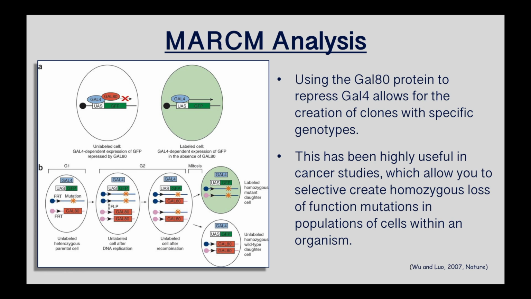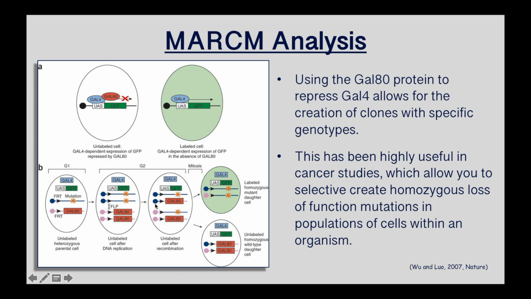Through normal mitotic division, we can force recombination within these two chromosomes, forcing crossover at these sites right here, which will create sister cells that now have a copy of this chromosome, which carries that mutation, and because of genetic recombination, a copy of this chromosome right here, which also harbors that mutation.